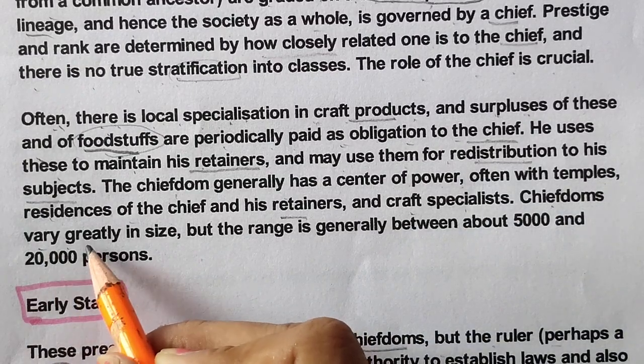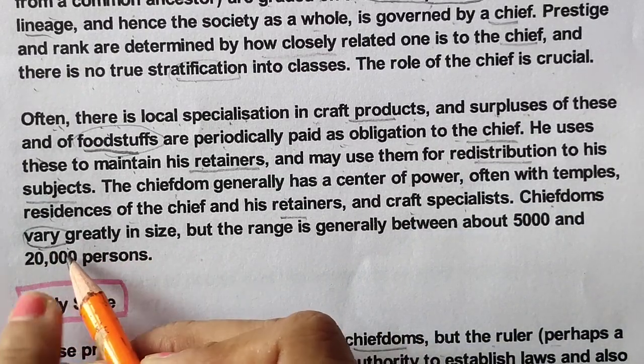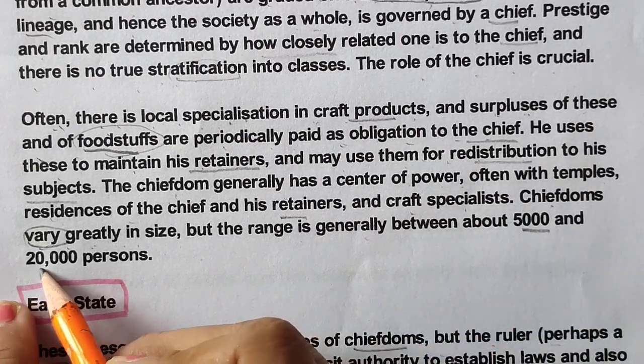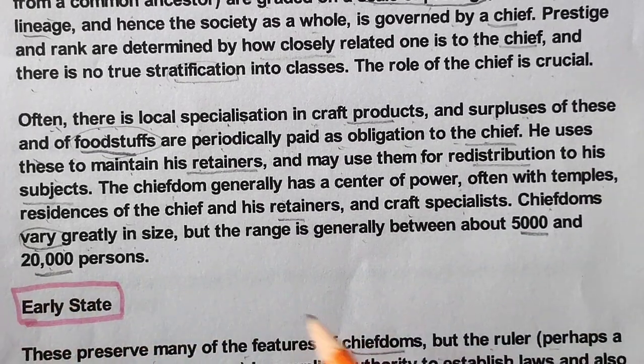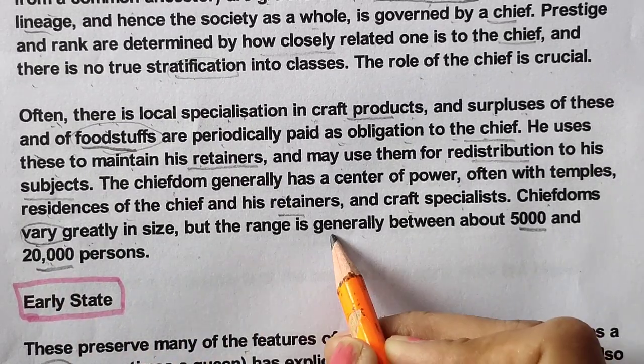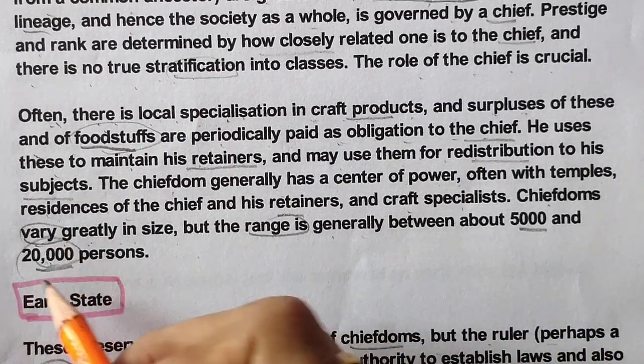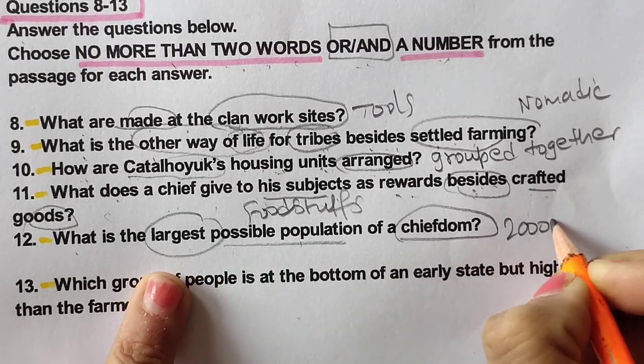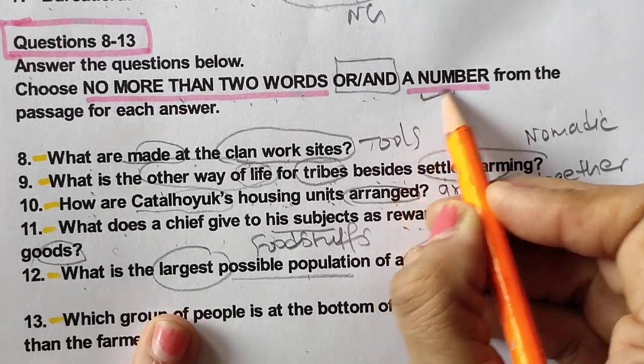Chiefdoms vary greatly in size, but the range is generally between 5,000 to 20,000 people. Maximum is the largest possible, so I will write 20,000. Here a number is used.